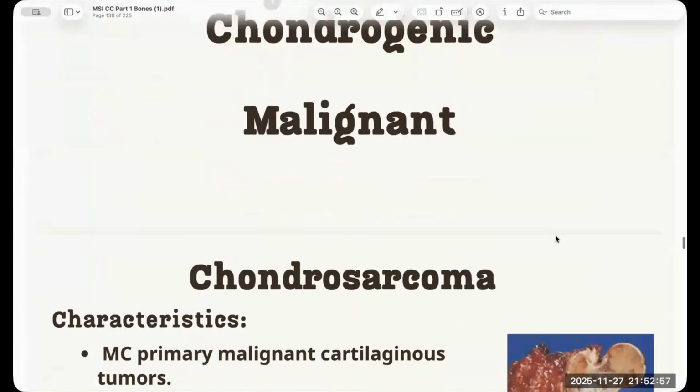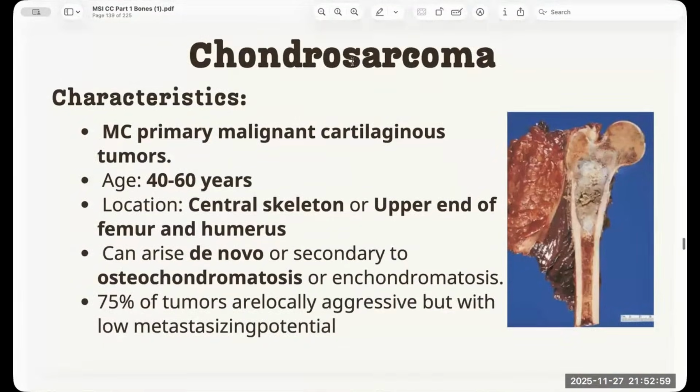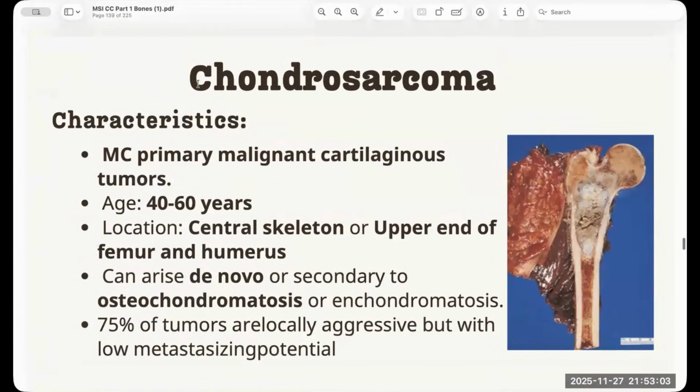The malignant chondrogenic tumor is chondrosarcoma. By now we can easily differentiate tumors from their names. Chondro, so cartilage. Sarcoma means malignant. Characteristics of it: it's the most common primary malignant cartilaginous tumor. It shows in ages 40 to 60.